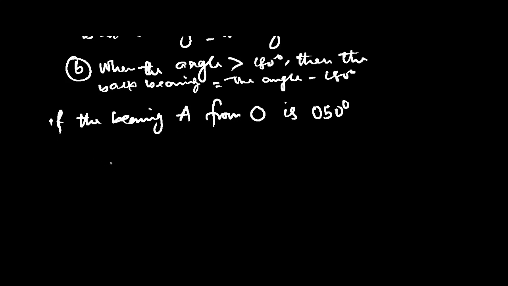So what does that mean? If the bearing of A from O is 50 degree, that is this.